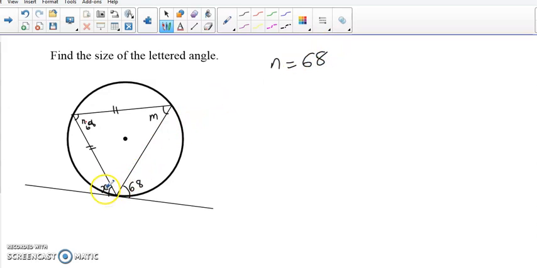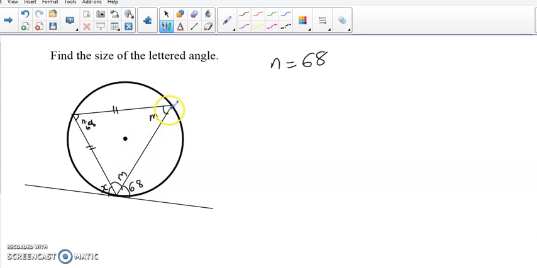In the same way, this angle here will be equal to m. Since this side is equal to this side, that means it is an isosceles triangle. Since here is m, here also must be m, which means that the base angles of an isosceles triangle are equal.